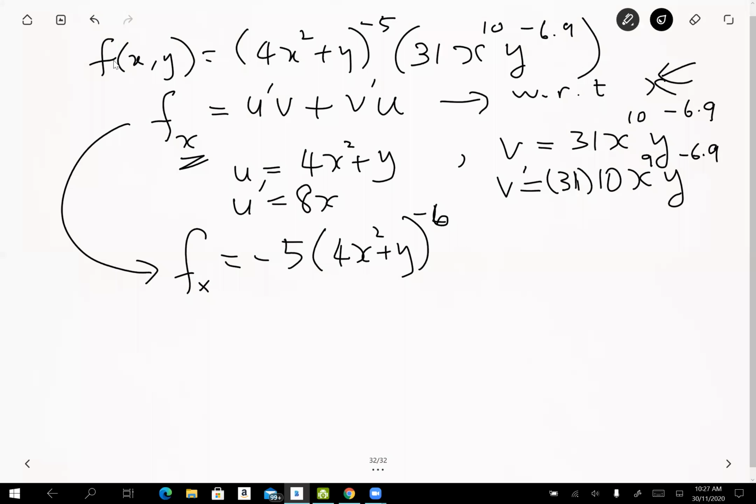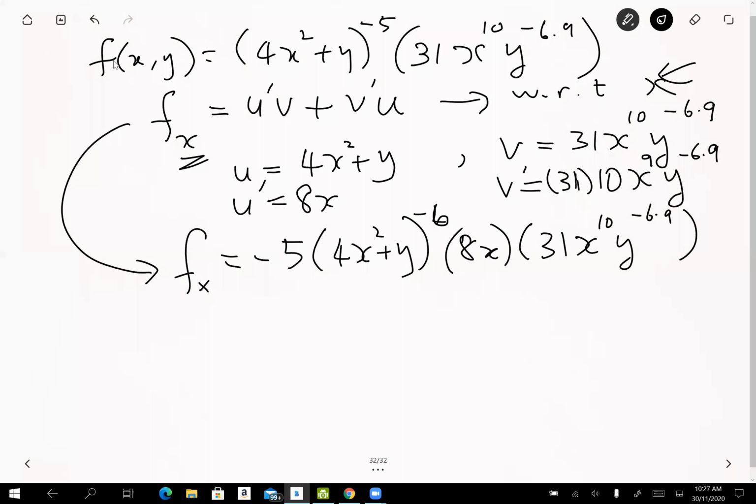So u prime is 8x, multiplied by 8x times v, 31 x to the power of 10, y to the power of negative 6.9.